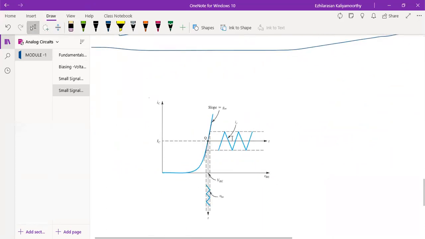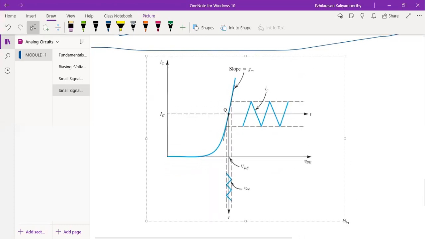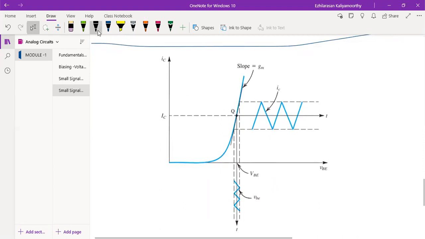Now you see this graph, you will get some idea. See the VBE here, this is nothing but your combined signal. This VBE is the capital VBE plus the small signal quantity. This one is your collector current, IC, then one more small ic. A combination of these two will give this current.